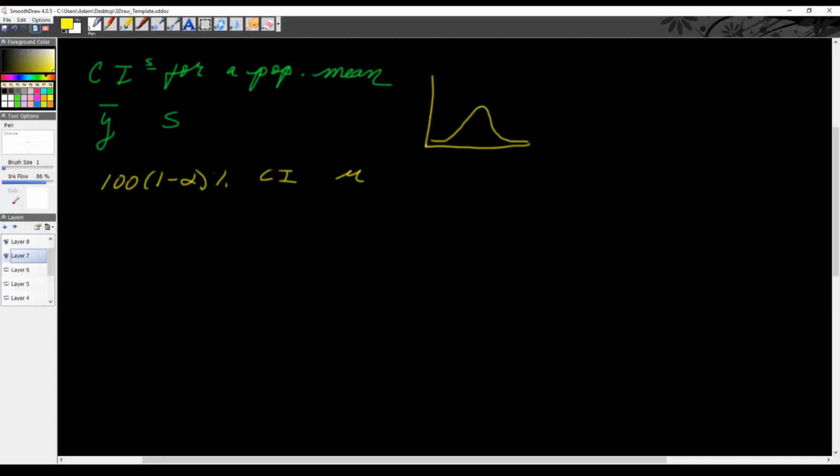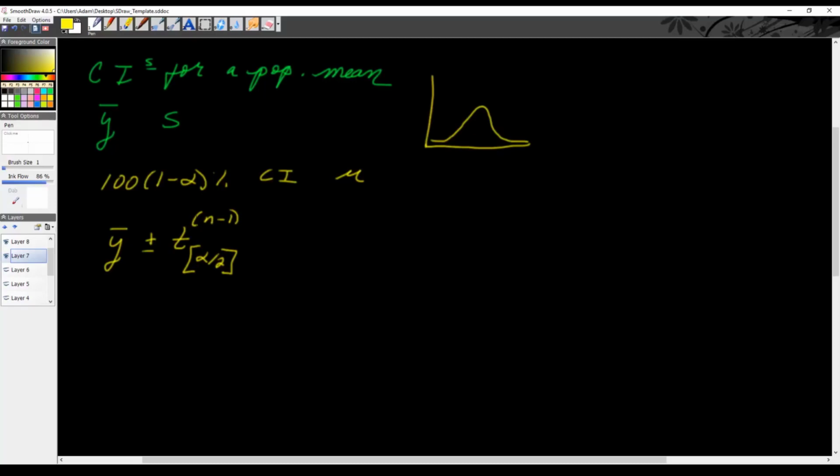But the 100 multiplied by 1 minus alpha percent confidence interval for the population mean mu based on the t distribution can be solved for as follows. We take the sample statistic and we add and subtract the critical t value, and we'll talk about this in a minute. This alpha is popping up a couple of times. We'll talk about it in a minute. That's t, not t raised to the x.